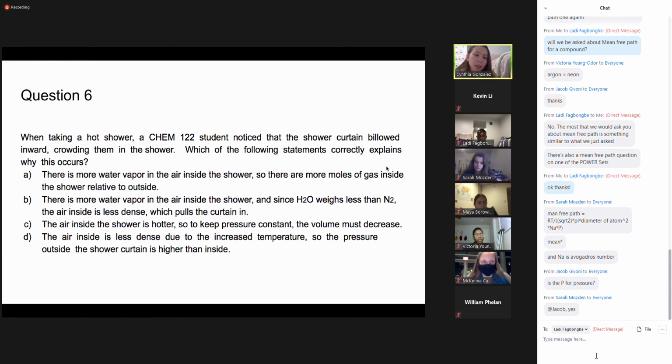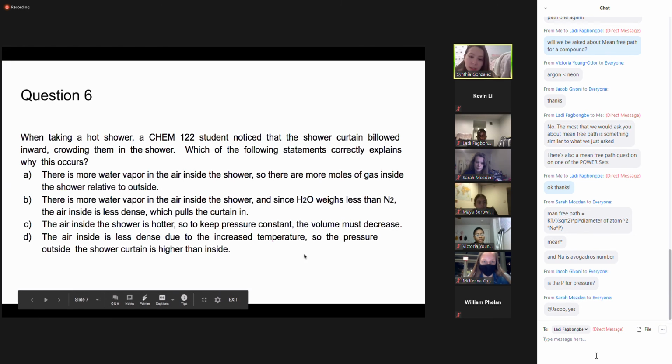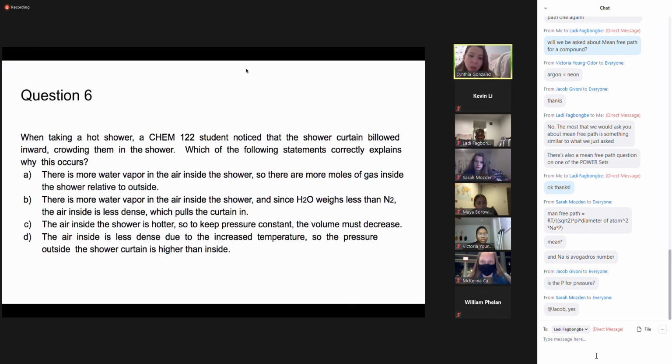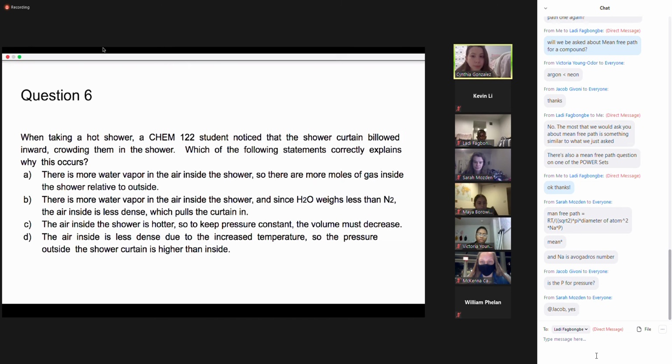All right, so for our next answer choice, it asks, there is more water vapor in the air inside the shower, and since H2O weighs less than N2, the air inside is less dense, which pulls the curtain in. Does anyone want to share why this one is also incorrect? Okay, well, for this one, it's kind of arbitrary.